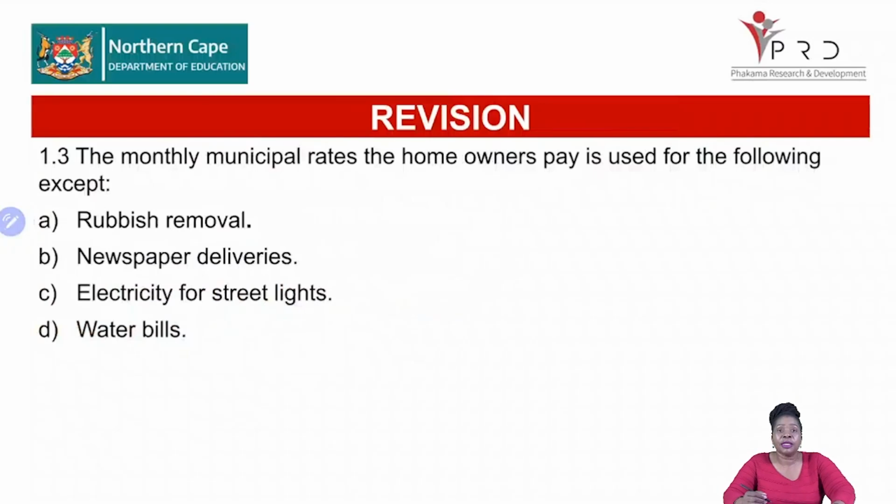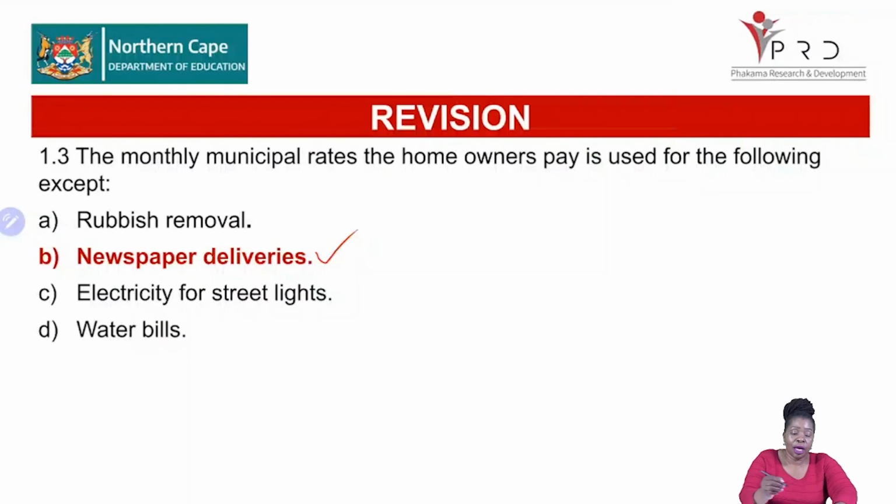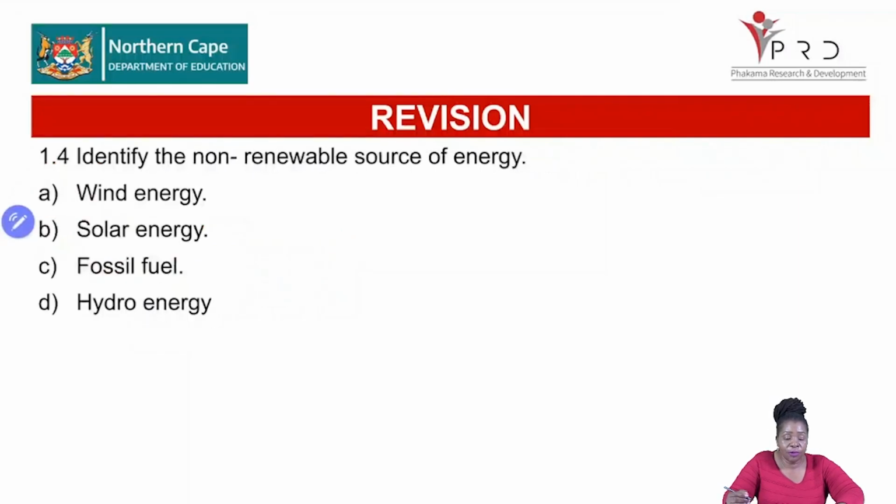Then 1.3 says the monthly municipal rates the homeowners pay is used for the following except. The answer is newspaper deliveries. I told you to take note of the word except there. Then 1.4 says identify a non-renewable source of energy.